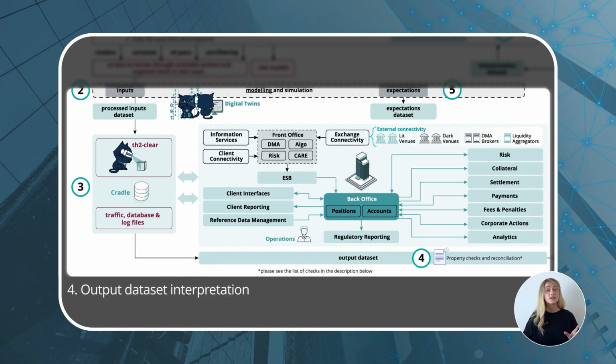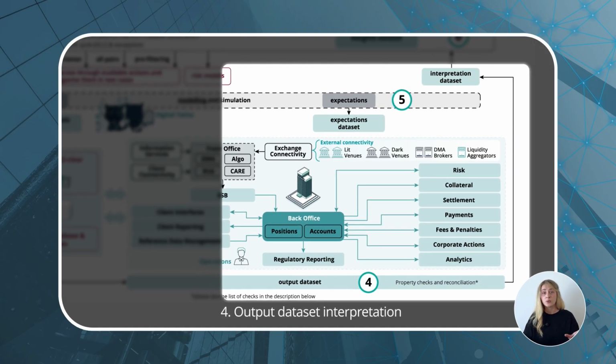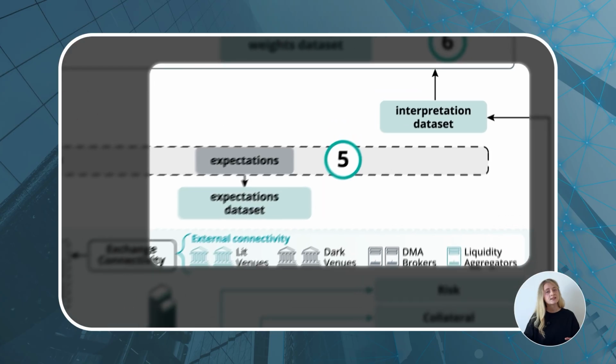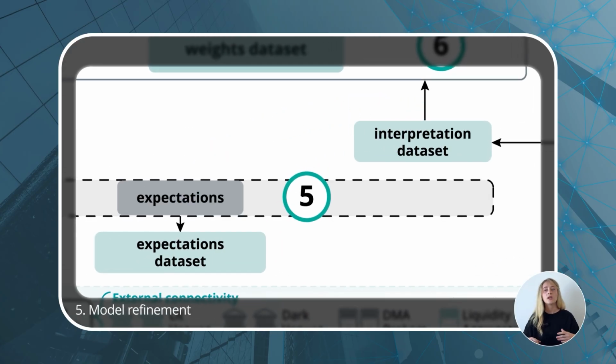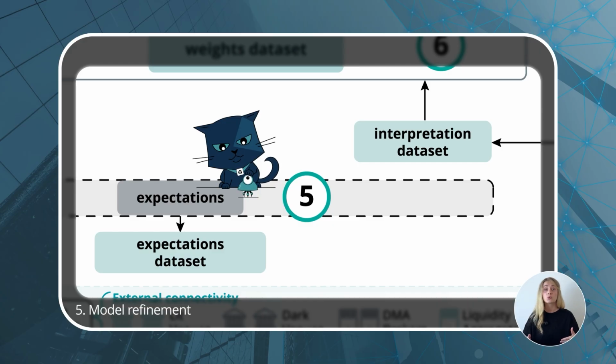In step 4, we start enriching the output dataset with annotations as we interpret the system data we have received. In the next step, model refinement, we analyze the information we had received to identify defects, as well as to refine the test suite and the model generating the expected outcomes. It's worth noting that this is an iterative process that is connected with step 4.